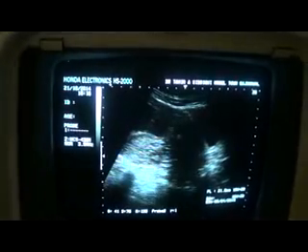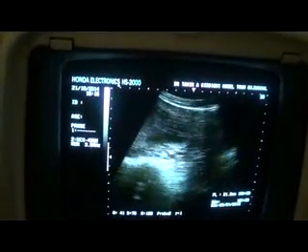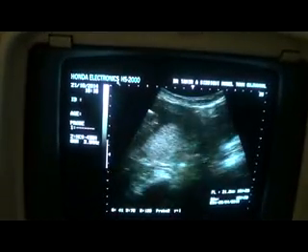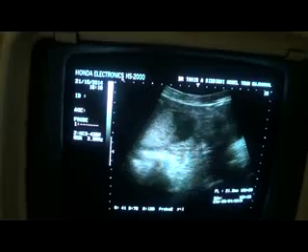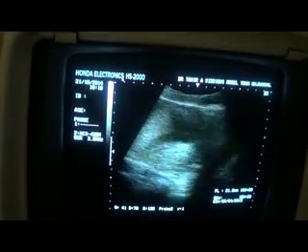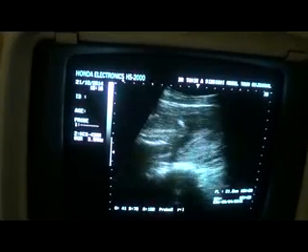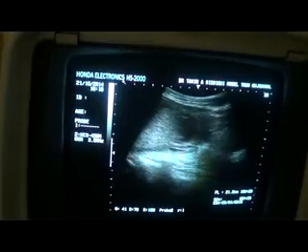Now the main finding of concern in this patient is not this fibroid, which is going to say nothing. It's in fact the dilated endometrial canal.